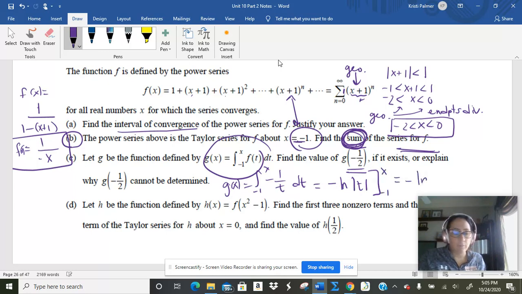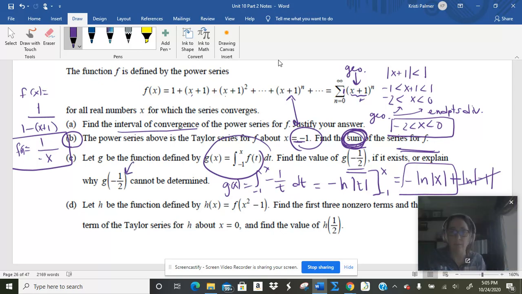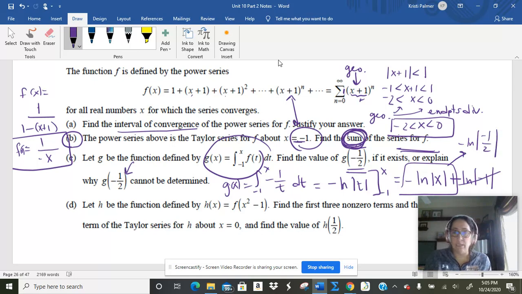So this would be the negative ln of the absolute value of x plus the ln of the absolute value of negative 1, that's 0. So I get this, and then I plug in negative 1/2. You can rewrite this however you want, but you can leave it as well. So that's all.